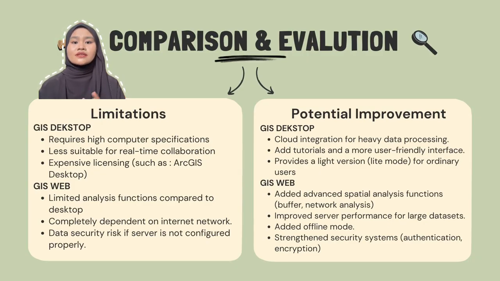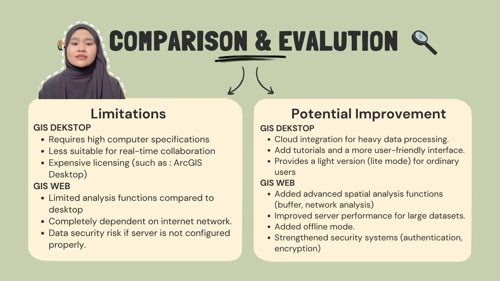The constraints for the desktop GIS platform are, first, it requires high computer specifications to operate smoothly; second, this platform is less suitable for real-time collaboration; and third, its licensing is expensive, for example, the ArcGIS desktop software.